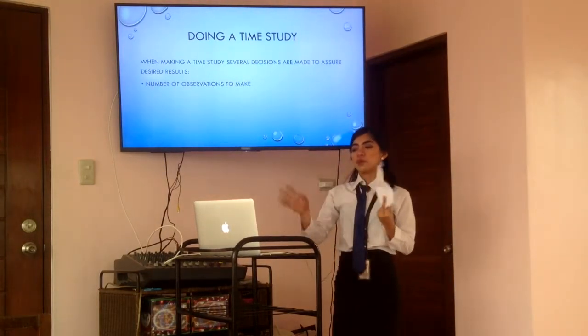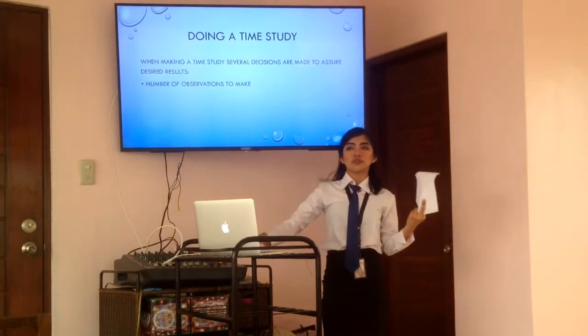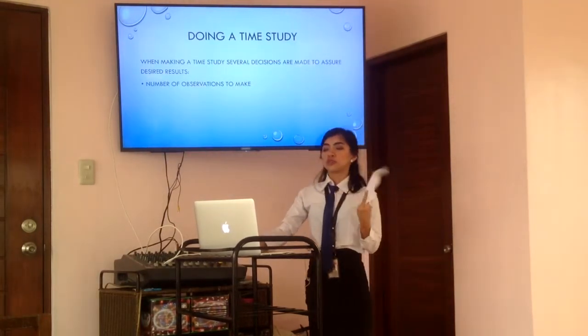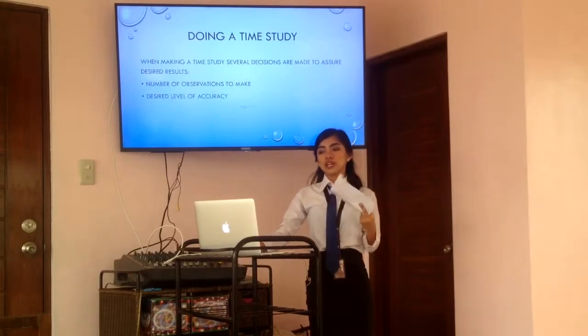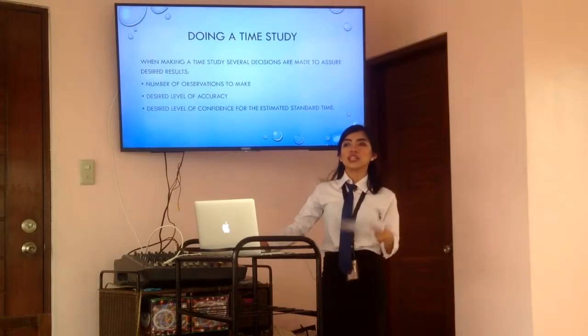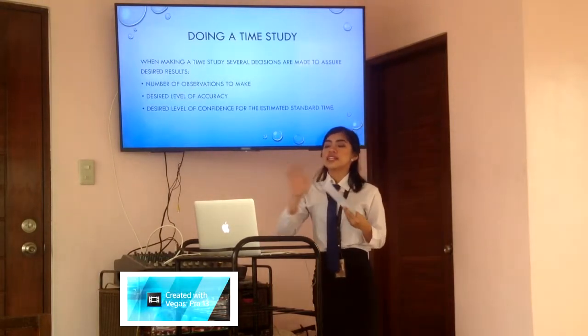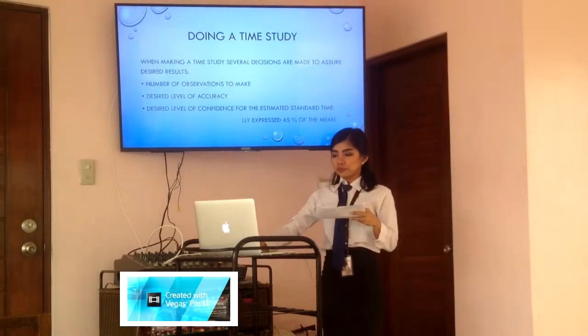If you want very good results, you should have this. Number 1, number of observations to make: how many observations are you going to make in the study. Number 2 is the desired level of accuracy: what percentage of accuracy you want, and the desired level of confidence for the estimated standard times.